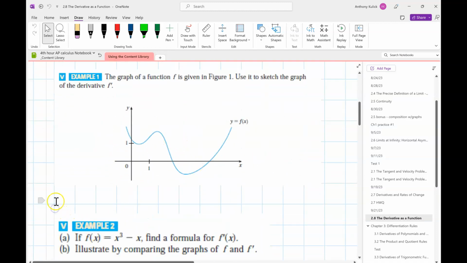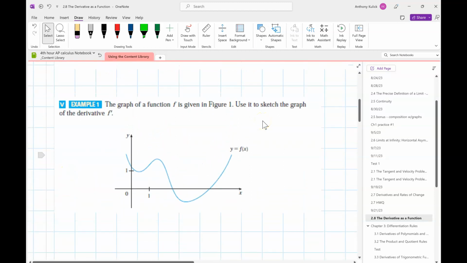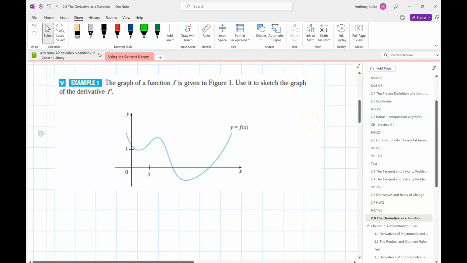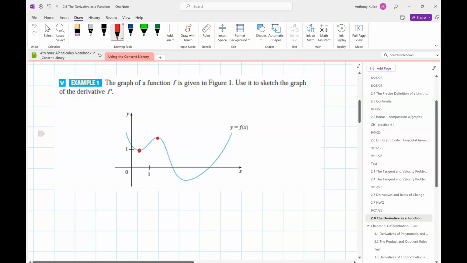Let's look at an example here. So let's start with this picture. The graph of f is given in the picture below, and we're going to use that to sketch the graph of f prime. Again, because f prime can now be a function, we can represent that with a graph. I'm looking at two things. The first place is I want to look at the maximums and minimums on my function f. So I see three of those guys, right?